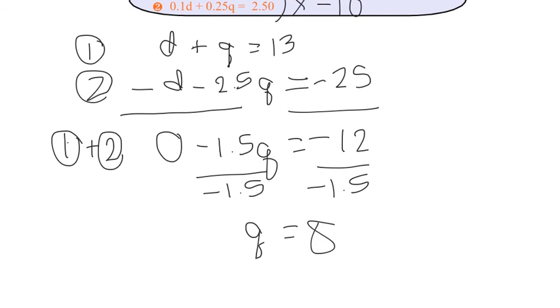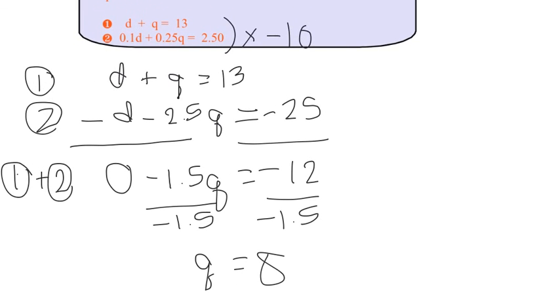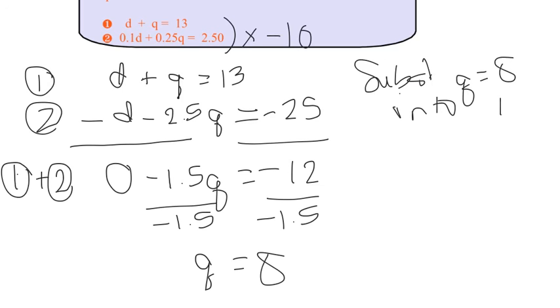I have 8 quarters. Then I just need to go back to either equation 1 or equation 2. In this case, I'm going to choose equation 1 because it looks a lot simpler. I can just substitute Q equals 8 into equation 1.